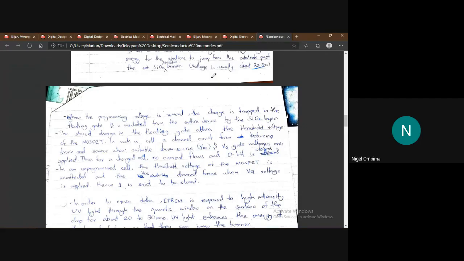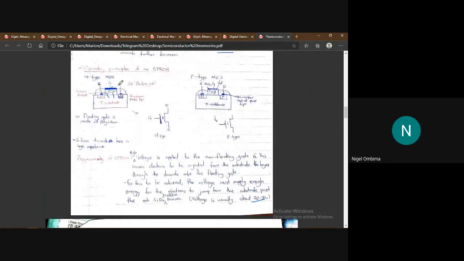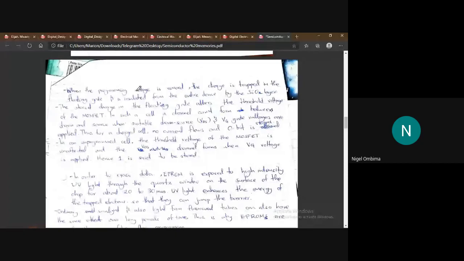So the stored charge in the floating gate alters the threshold voltage of the MOSFET.